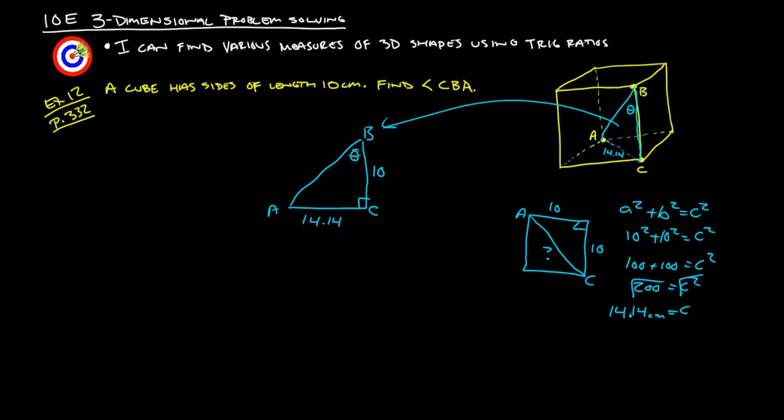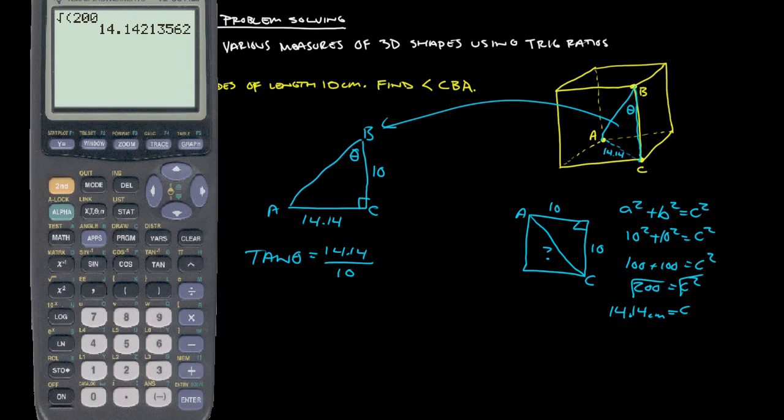From that angle, this side is the opposite, that's the adjacent, so we'll do tangent theta equals 14.14 over 10. Since we're calculating an angle, we're going to do inverse tangent of 14.14 divided by 10.